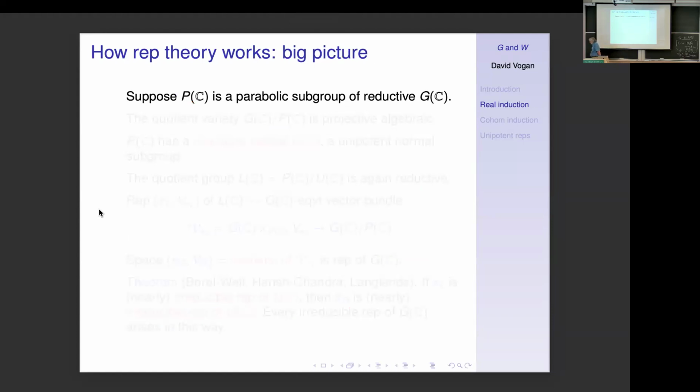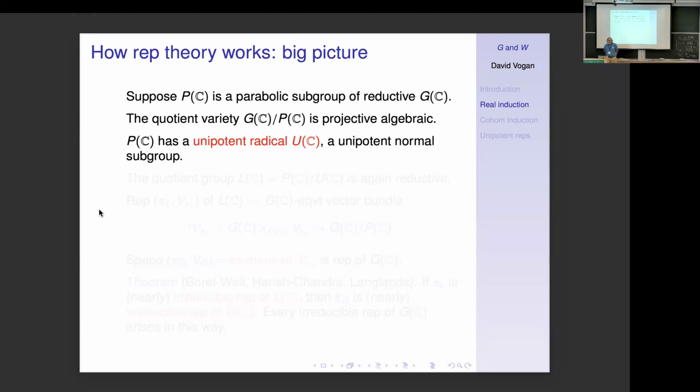So what's the big picture in representation theory? Suppose you've got, I'll stay for the moment in the complex world, a parabolic subgroup P of a reductive G. Then the quotient variety is projective algebraic. That's one definition of a parabolic subgroup: it's a subgroup so that the quotient is a projective variety.